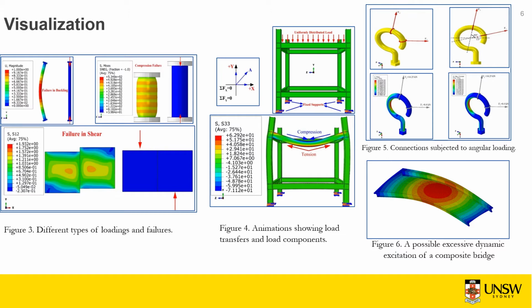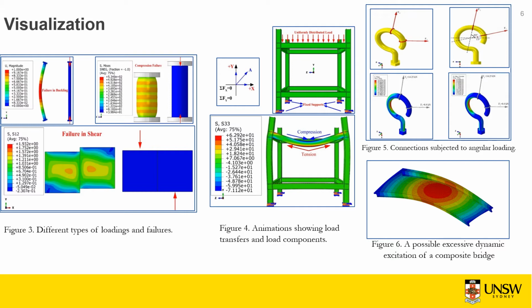For example, how the compression occurs, how the tension occurs, how the UDL, or the uniformly distributed load, is transferred to the fixed support. Similarly, we also showed some visualization related to the connections that are subjected to angular loadings, as well as a possible excessive dynamic excitation of a composite bridge, which shows that most of the load is concentrated at the center of the bridge.